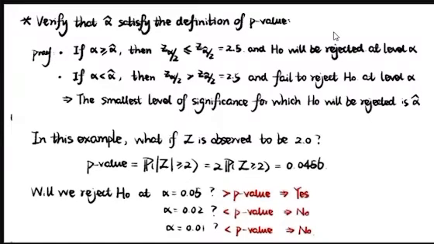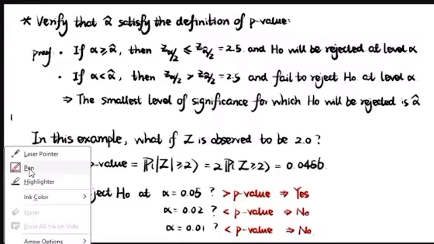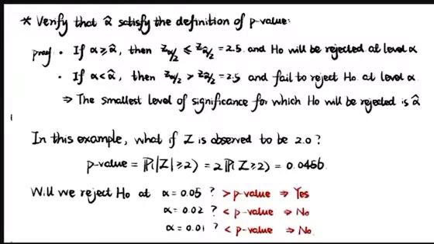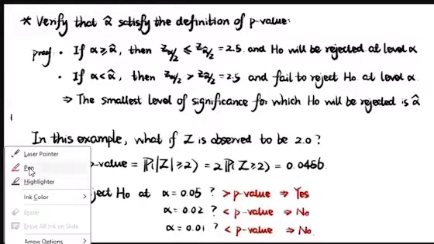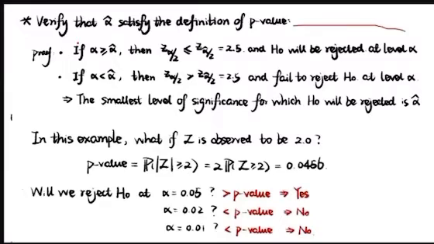Now, verify that alpha cap satisfies the definition of the p-value. How do I know? Okay, I need you to pay attention now. How do I know alpha cap actually satisfies it? Take a look at this.